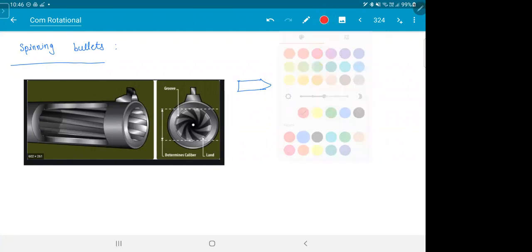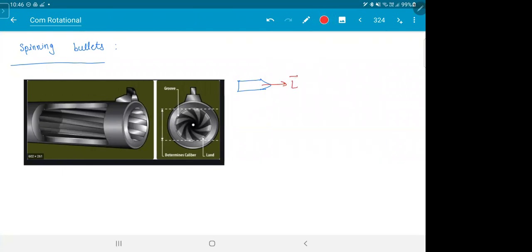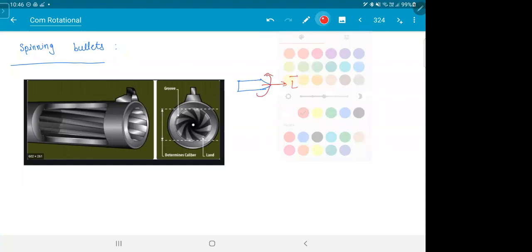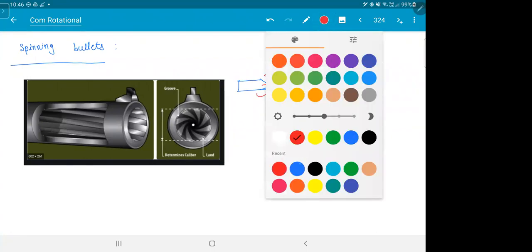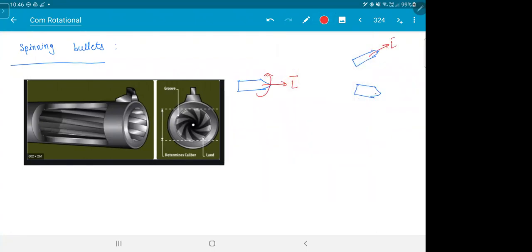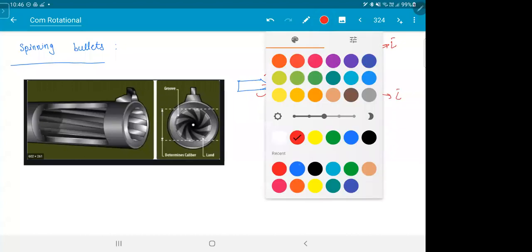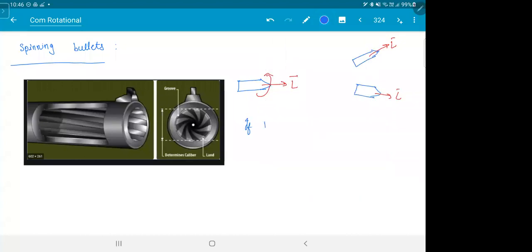So when the bullet is spinning, you get an angular momentum L bar because of the spin. Now, if the bullet deviates, and this is the issue, for the bullet to deviate, L bar should change.